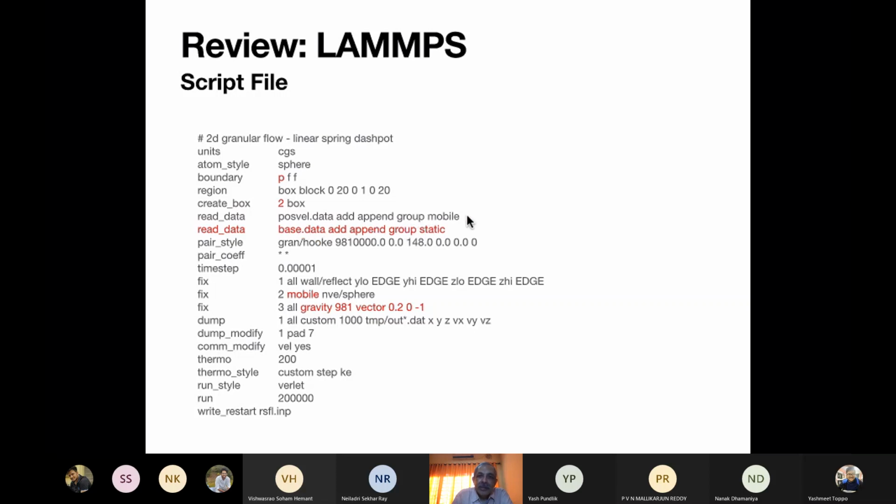So, we can name these groups also. These particles are in the group mobile and these particles are in the group static. And so when we specify which particles have to be integrated, we only say mobile particles are to be integrated. And then we have put the gravity vector also at an angle. And then the rest of the program is the same.